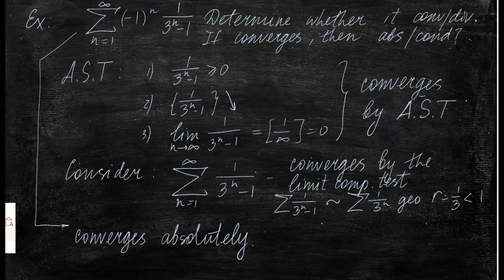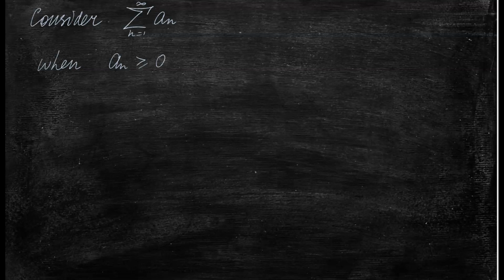Now, let's continue exploring this concept, and let's observe that if we consider any series when the terms of the series are always positive, so you don't have any negative terms, then by definition the series will be exactly the same as the series obtained by dropping the alternating term, because there is none, and therefore the convergence will be synonymous to the absolute convergence.